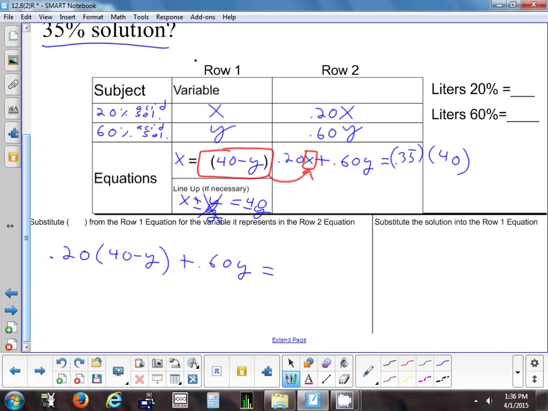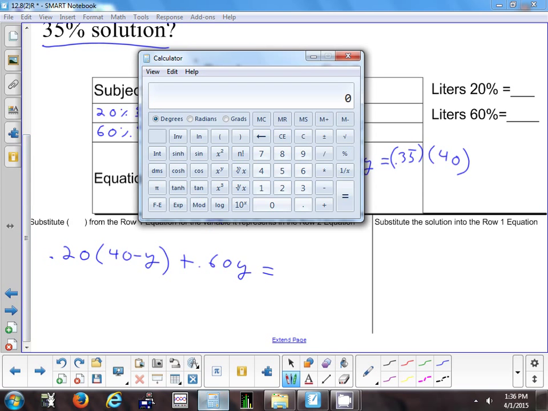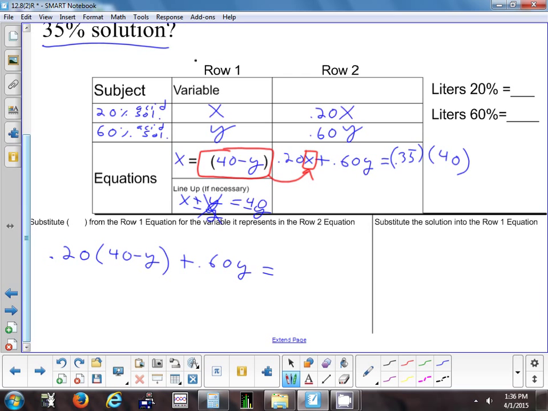Why don't we do it out? We're going to have to do it eventually. 0.35 times 40. It's 14. Any question on how I just got 14? Just multiplied 0.35 times 40.